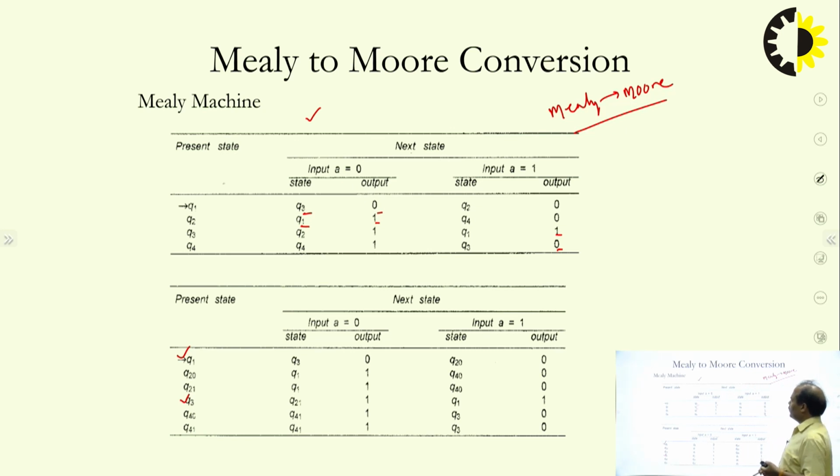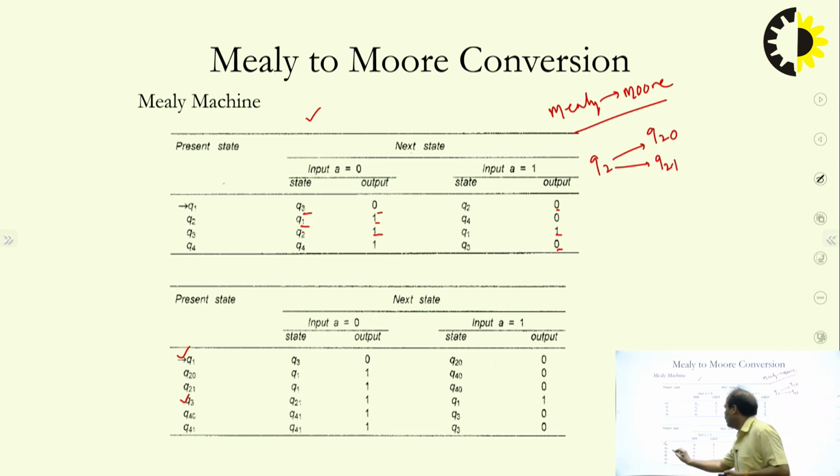Now let's see Q2. Q2 has output 1 here and Q2 has output 0, so Q2 is going to be split into two parts, Q2 with output 0 and Q2 with output 1. Let's talk about Q4.